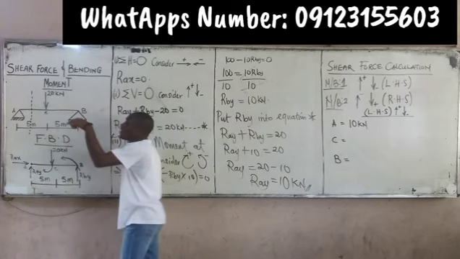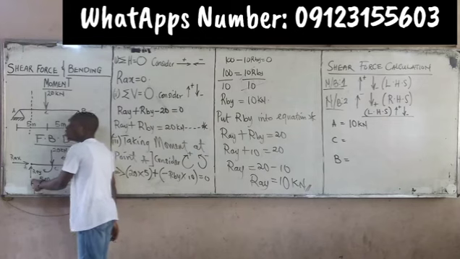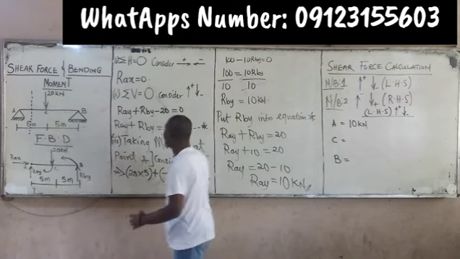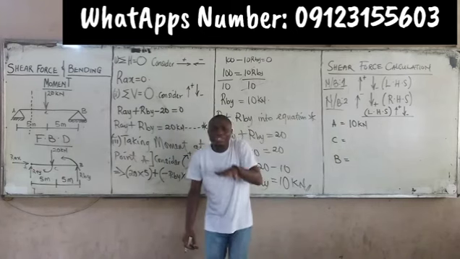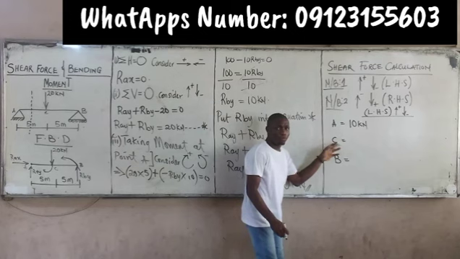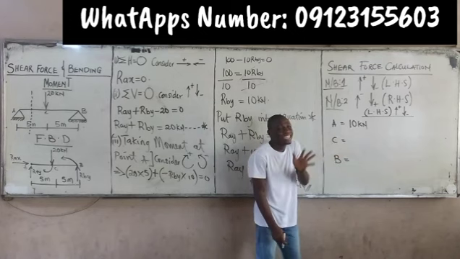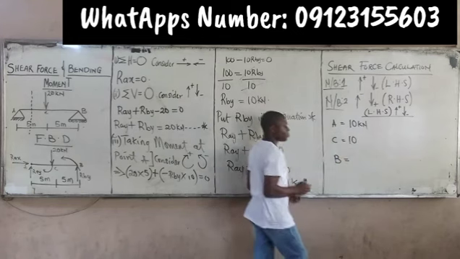And for left hand side readings, if a force is facing up, take it as positive. Hence, I have positive 10 kilonewton. Next up, for C, repeat this value down before you start anything. I have 10 here.